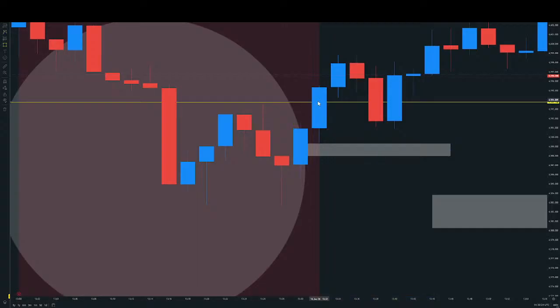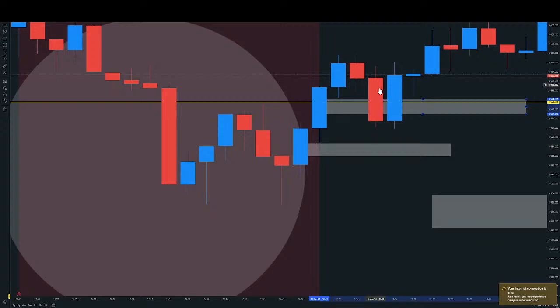If you watch my previous video, you'll find that I told you once before that whenever two fair value gaps are created, the market will always respect the first fair value gap before pullback. Now, take a look at this. This is the second fair value gap. So the market rallies into this fair value gap.